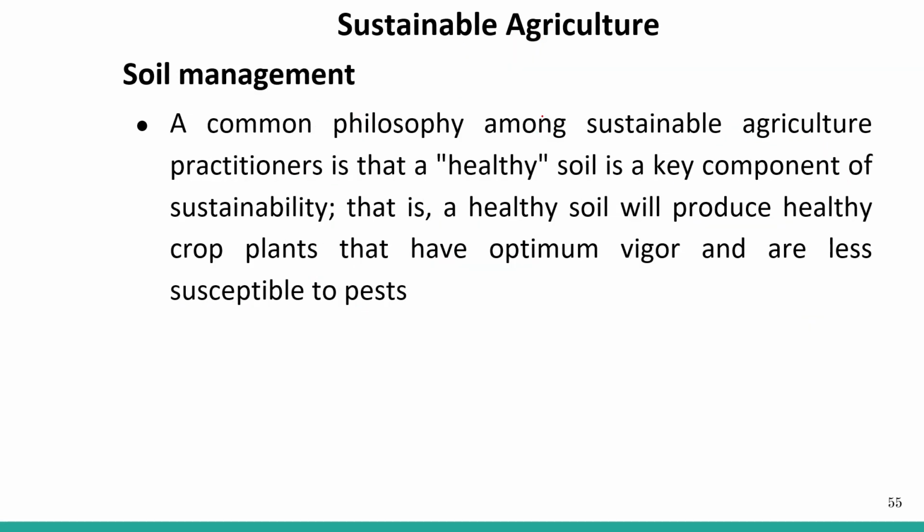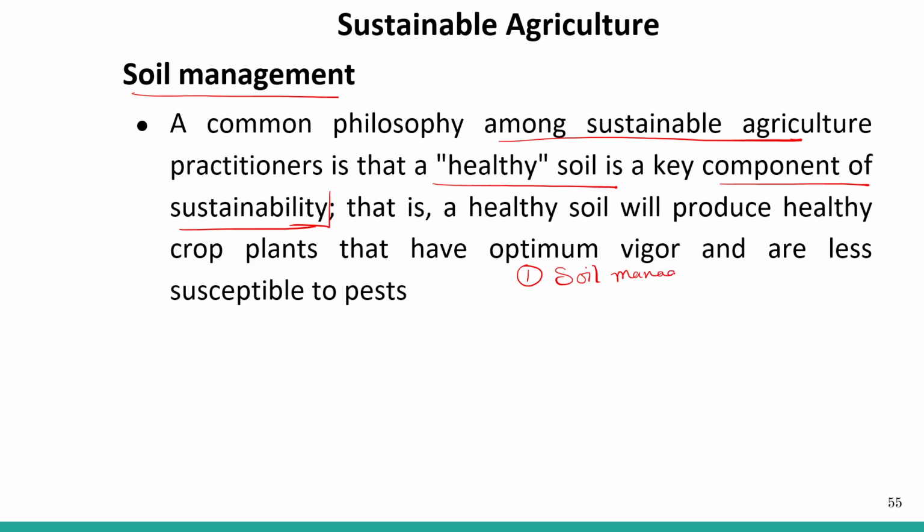Soil management. A common philosophy among sustainable agriculture practitioners is that healthy soil is a key component of sustainability. Very, very important. And I've already told you two things that are in the farmer's hand, that is soil management, and second, water management.